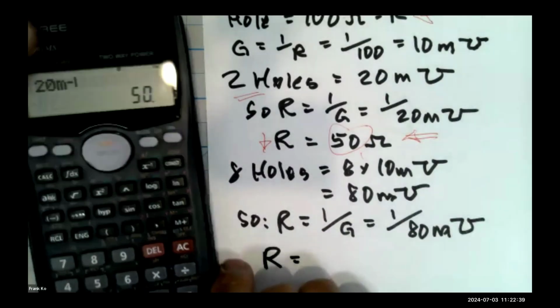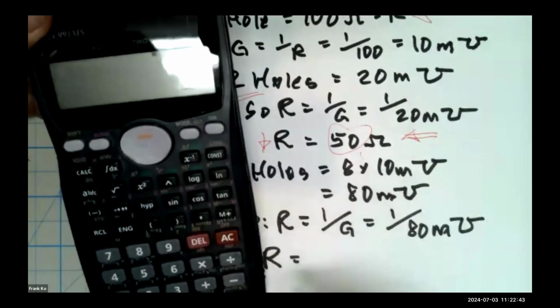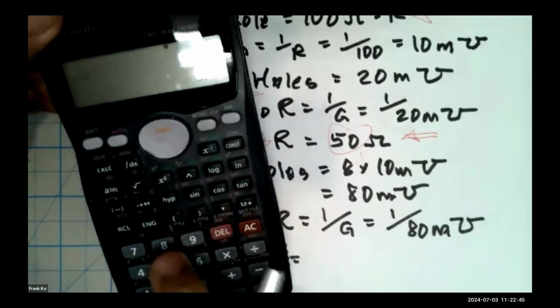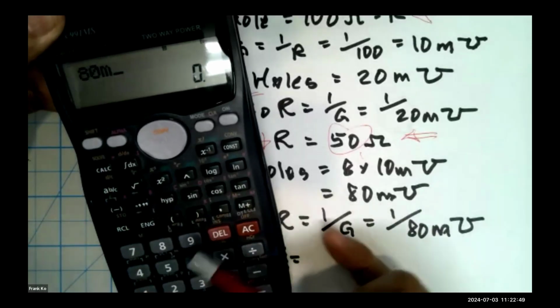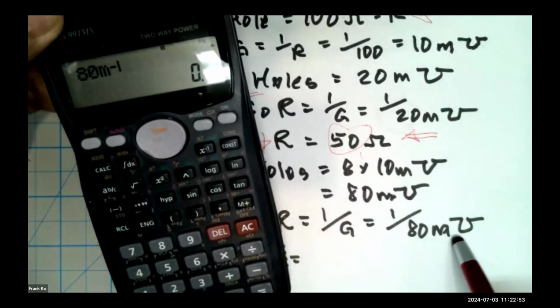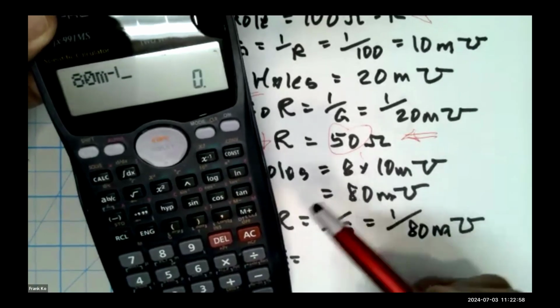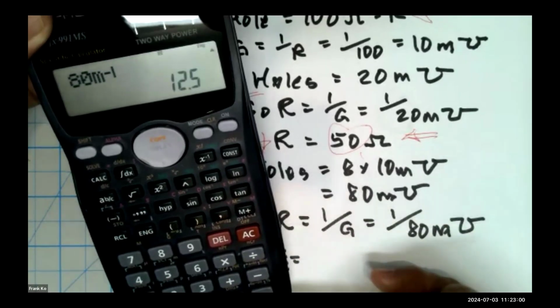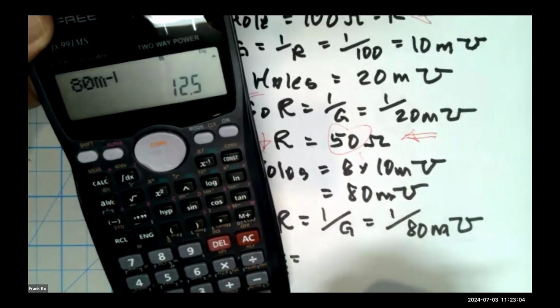Let's go ahead and do that. Pretty simple. Clear the calculator, and let's enter 80 milli. So 80, and a milli with shift here. Milli, hit the reciprocal key right there. Do I have the reciprocal of 80 milli on my display? The answer is yes. Now I'm going to hit the equals key and take a look. How many ohms do I have? 12.5 ohms.